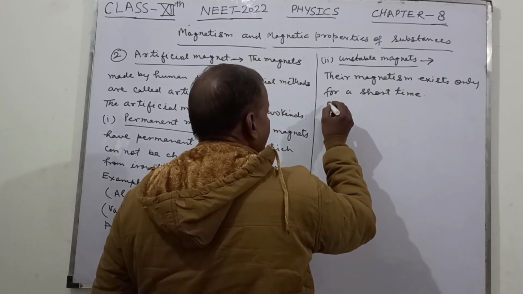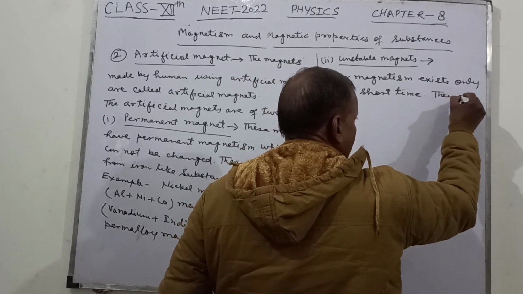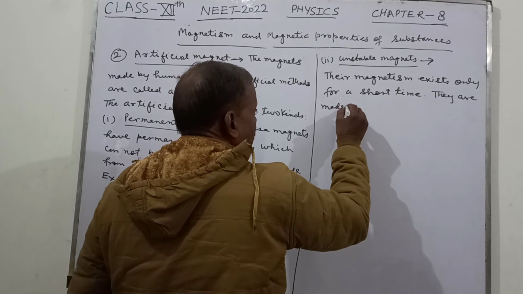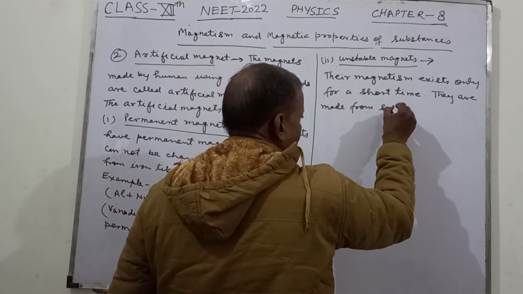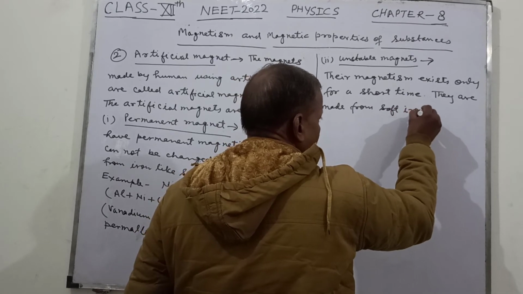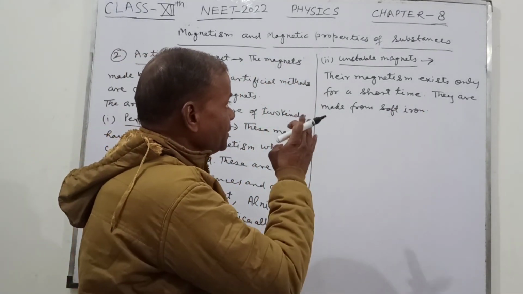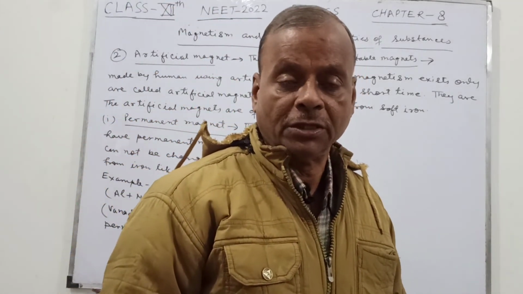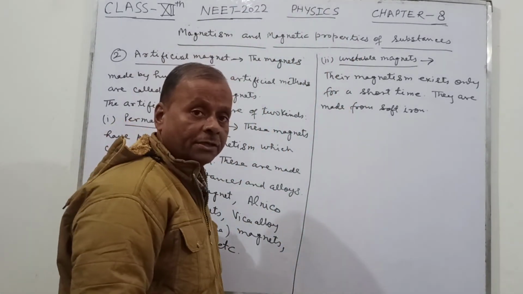They are made from soft iron, and these unstable magnets are used only when we have to use certain electronic circuits.